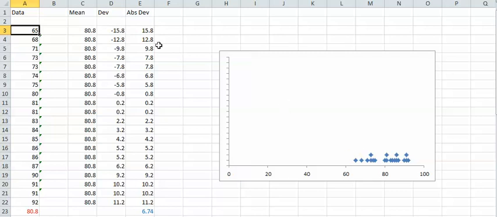And what this deviation of negative 15.8 is telling us is that the distance from this data value of 65 to the mean up here is a distance of 15.8.